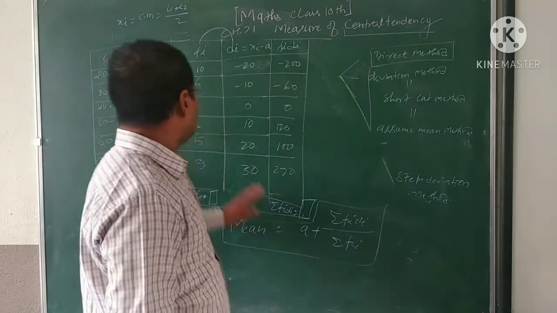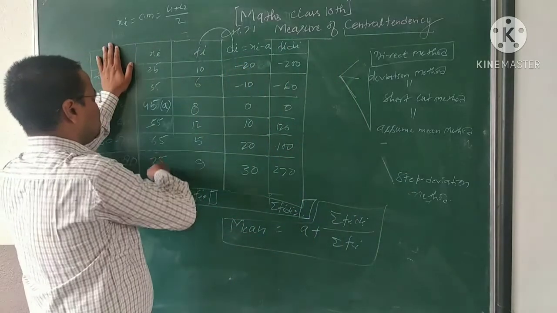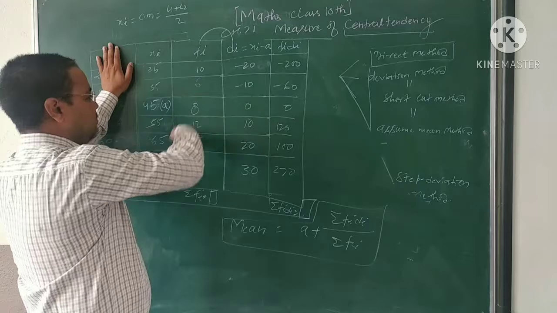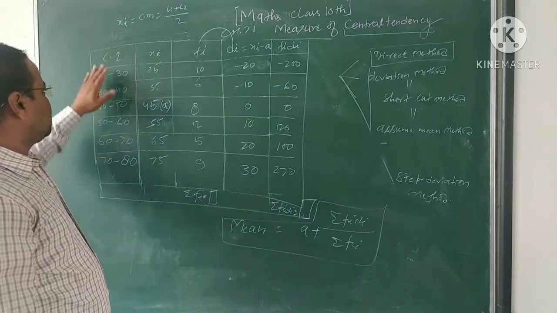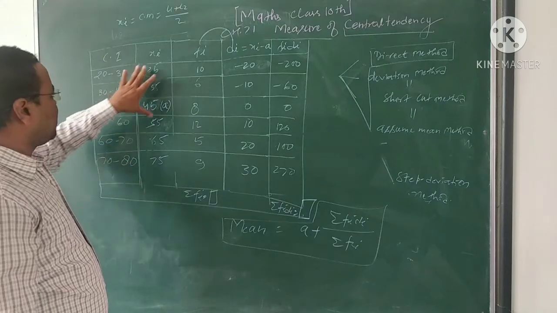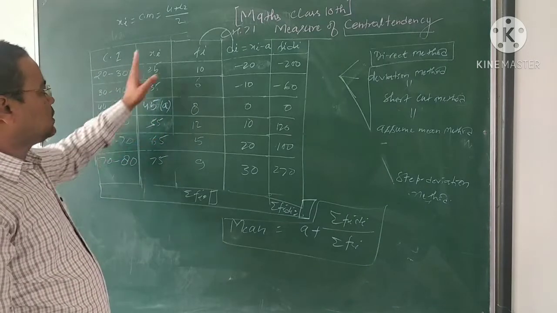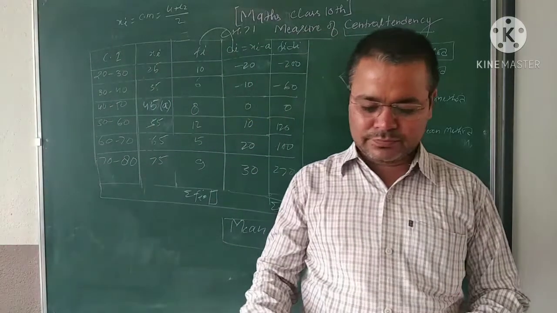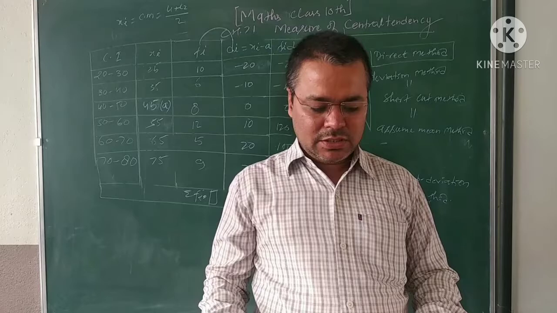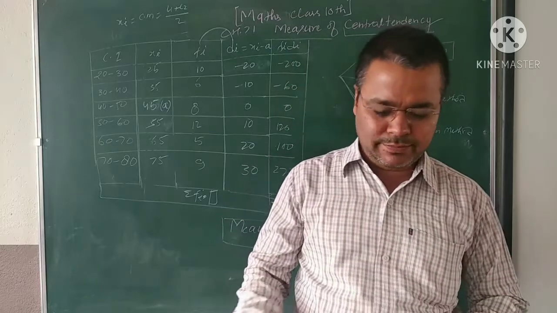Discrete group means class interval will not be given, only xi and fi. If it is in class interval form, then we have to find the class mark, then the corresponding frequency, and do like this. This is the step deviation, also known as assumed mean.